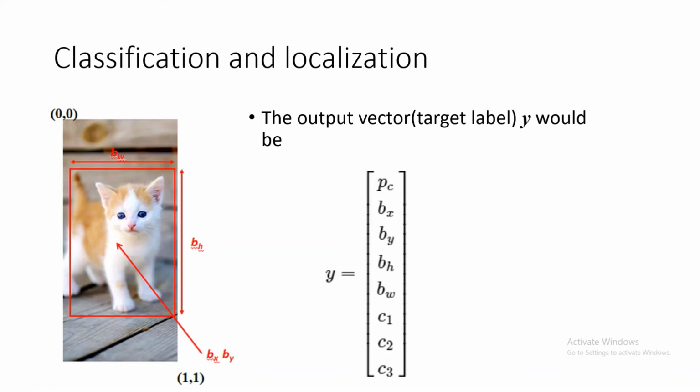So in this way we can specify these four values: BX, BY, BH and BW.